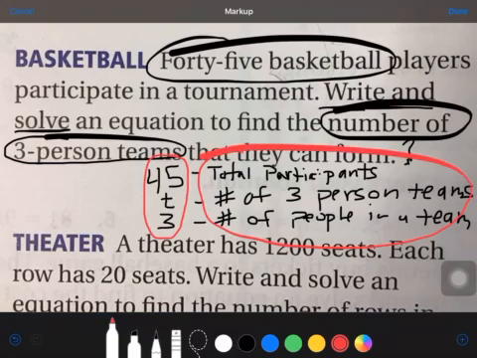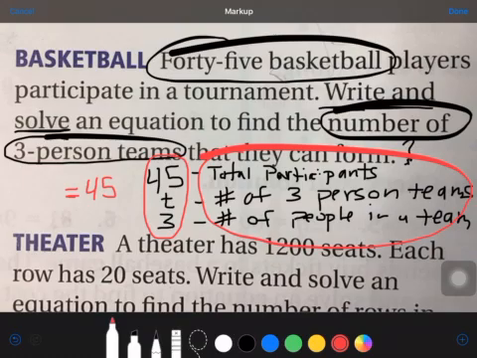So 45 total participants. A total is usually what comes after an equal sign. So I'm going to say something equals 45, right?